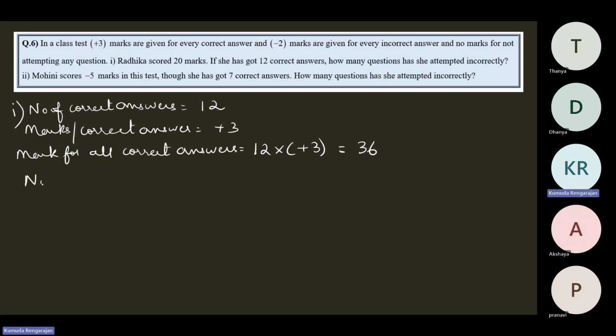And how many incorrect answers? Number of incorrect answers, is it given?